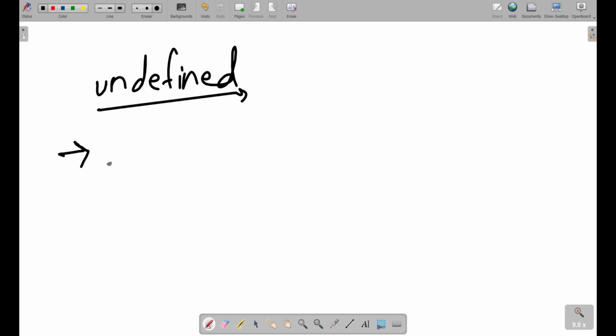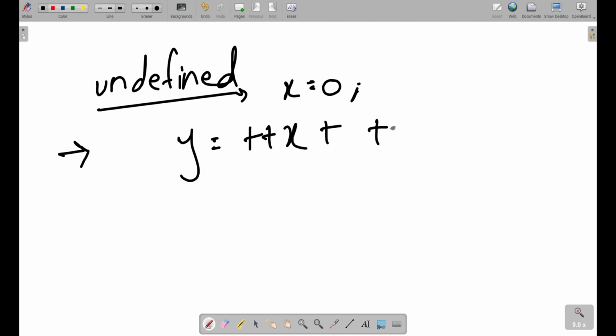So logically there isn't any proper explanation, because it is syntactically correct; you can write it like this, right? You can write x equals 0, initialize x equals 0, and then y equals ++x + ++x + ++x. So how do you generally see it?